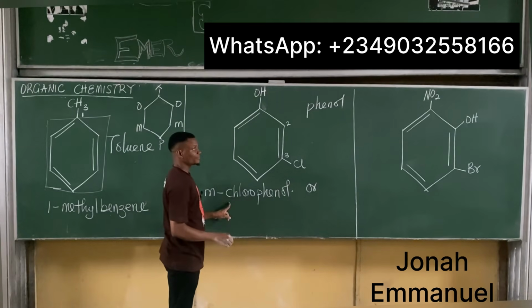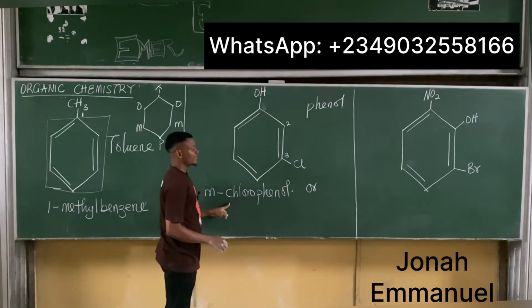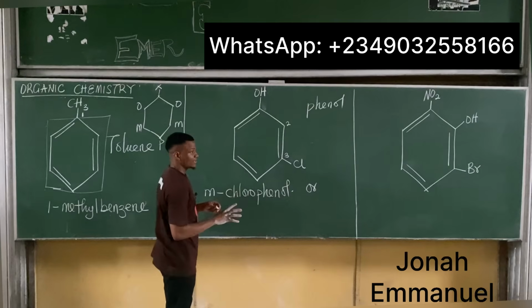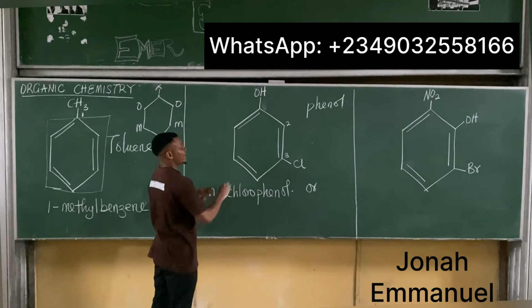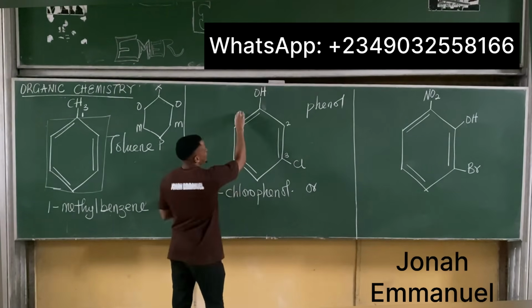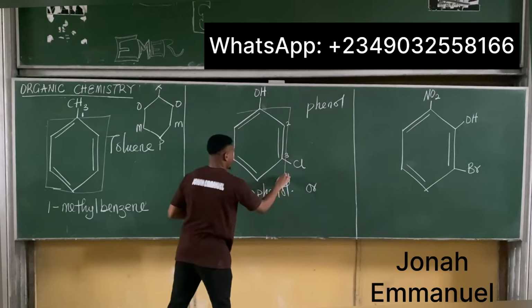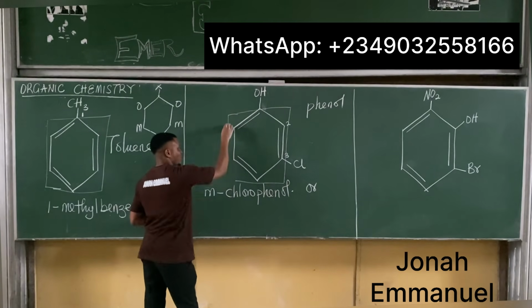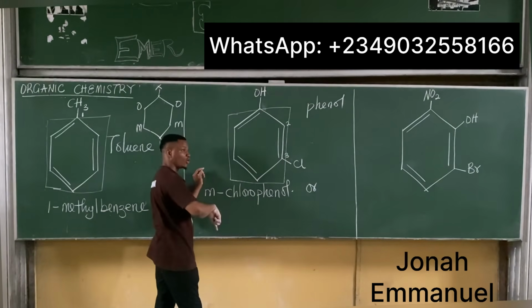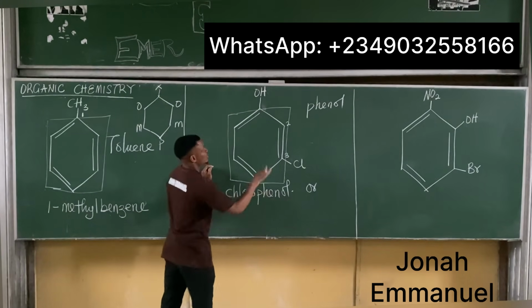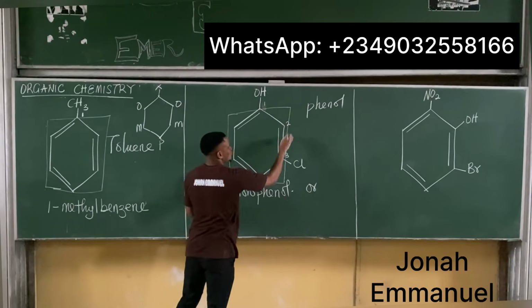Now listen. This name is benzene derivative. What if I consider this as a benzene? If I consider this as a benzene, it means that everything attached to it becomes a substituent. So these two are now substituents, no longer phenol, but now hydroxy. So I'm having 1, 2, 3.